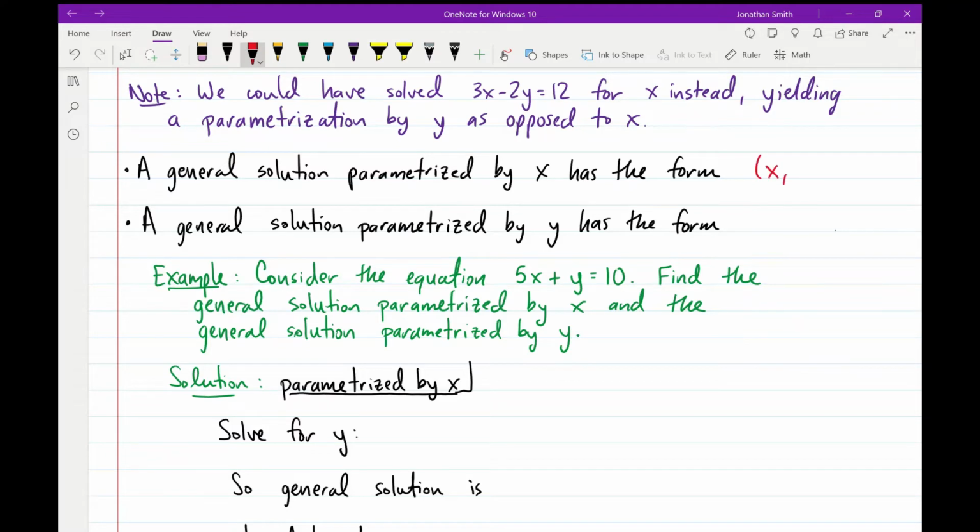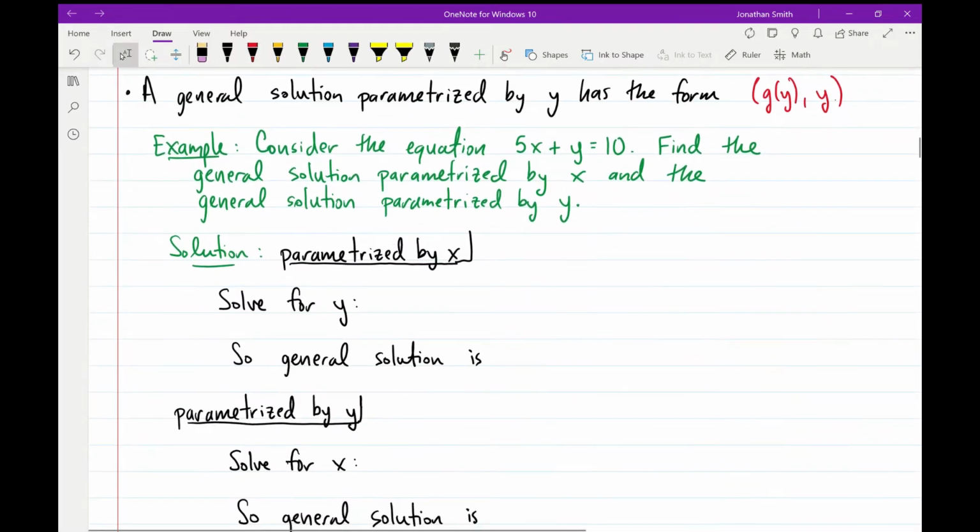We put x as the x component, and then the y component is going to be some expression in the variable x, some function in the variable x. And the general solution parameterized by y is going to have some function in y as the x component, and then just y as the y component.